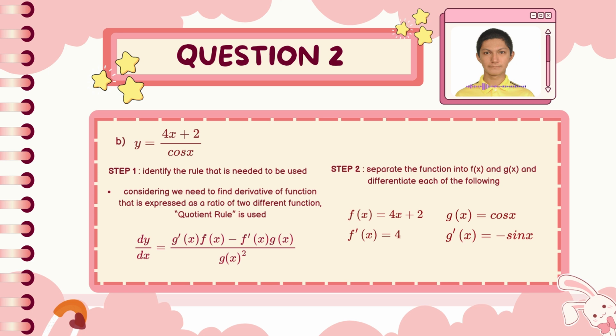Next, we need to find the value of fx, f prime x, gx, and g prime x, where fx is 4x plus 2 and gx is cos x, and find the prime of each function using differentiation, which resulted in f prime x equal to 4 and g prime x equal to negative sin x.